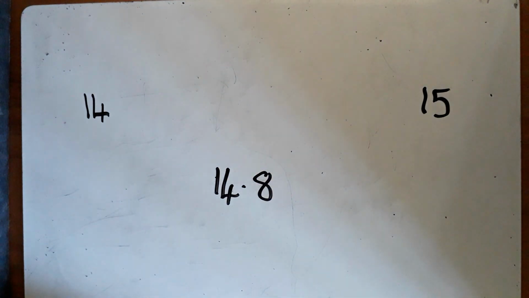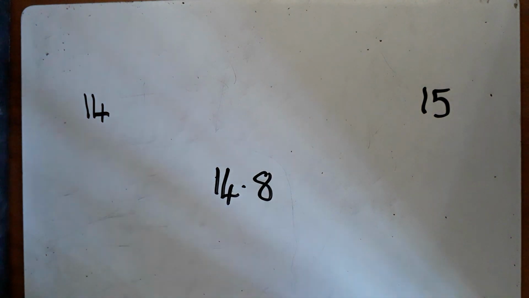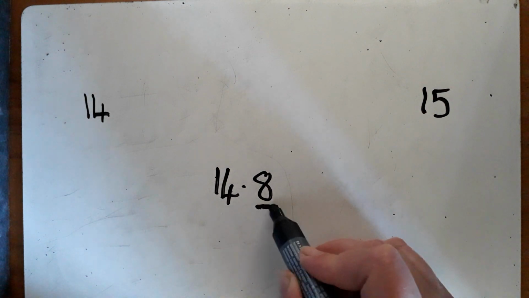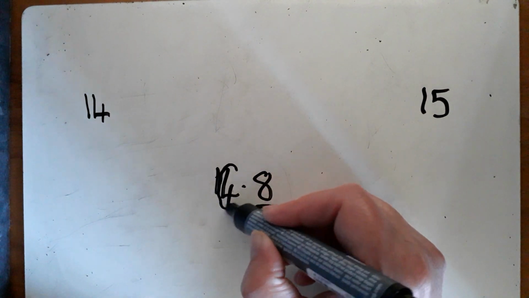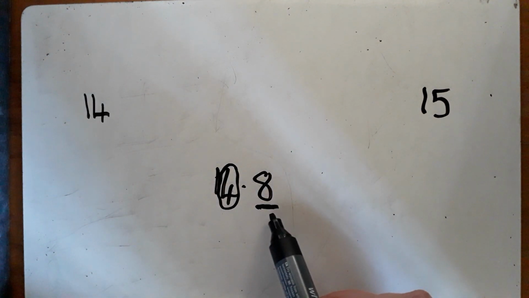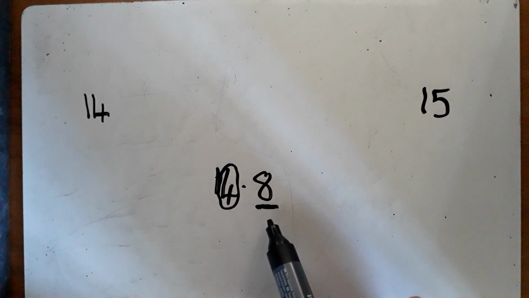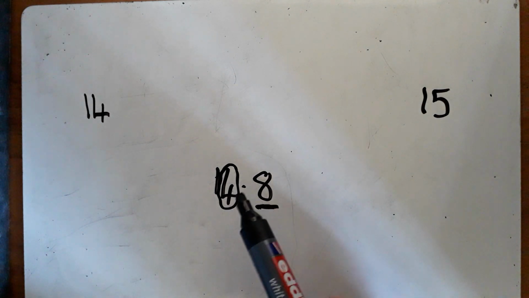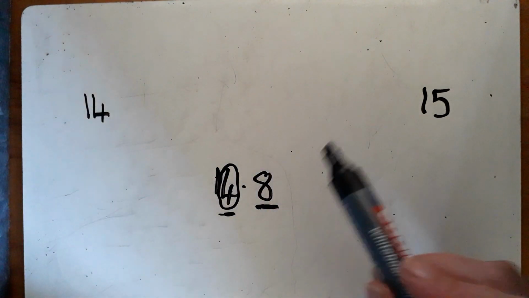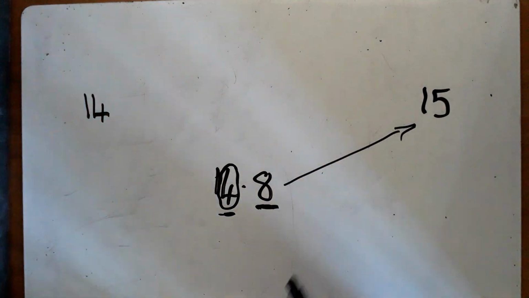We're rounding to the nearest whole number, so we look in the tenths. We are thinking about the 0.8, and 8 always rounds up. So our digit in the ones increases by 1, so we're going up.